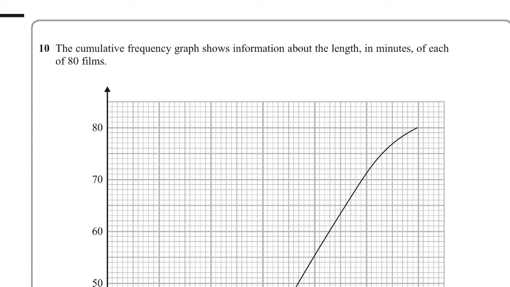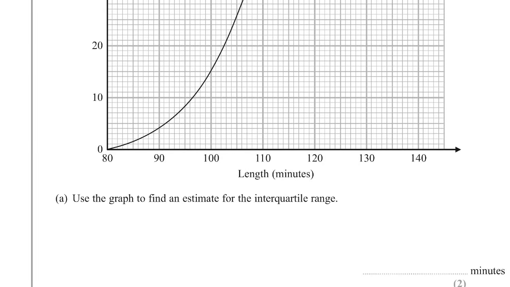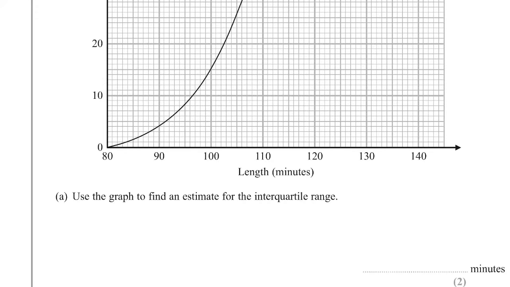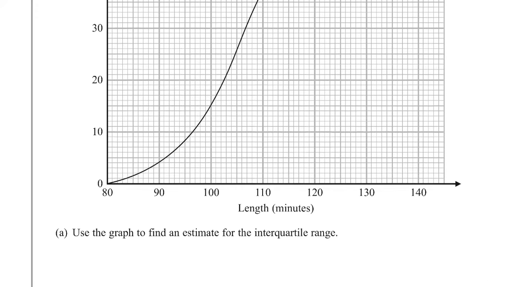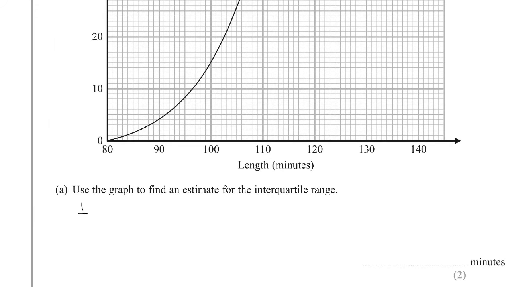Next question is a cumulative frequency graph drawn for us. We've got 80 films in total. It's about the length in minutes of each of these films. And we need to find an estimate for the interquartile range. So I will do a quarter of 80, which is 20, to find Q1, and then 3/4 of 80, which is 60, to find Q3.